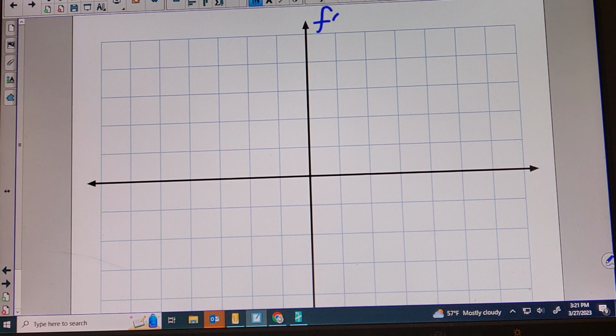F of x, that stands for a function, it's the same as y. F of x equals a times the absolute value of x minus h plus k.